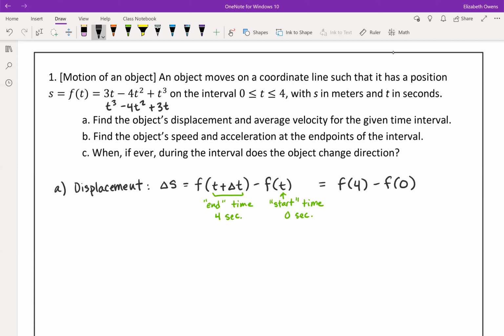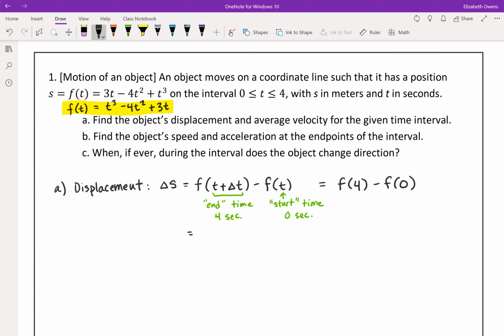All right, now we got to calculate those out here. So we're going to use our function f of t here to find f of 4. And I'm going to go ahead and use the terms written in descending order version here, just because most of us are used to seeing the terms written in decreasing degree order.